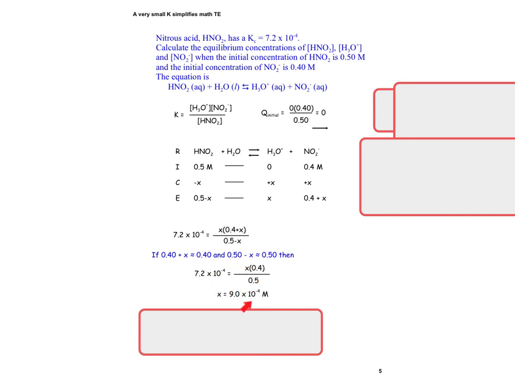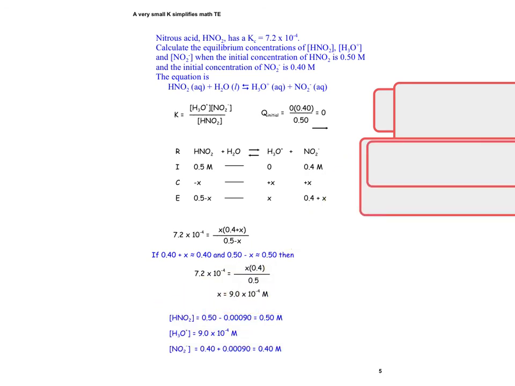Now I can calculate my x, and I can see that my nitrous acid is 0.5 minus 0.0009. That's still 0.5. My simplification worked. Nitrite is 0.4 plus 0.00090. To two significant figures is still 0.4. So that simplification worked.